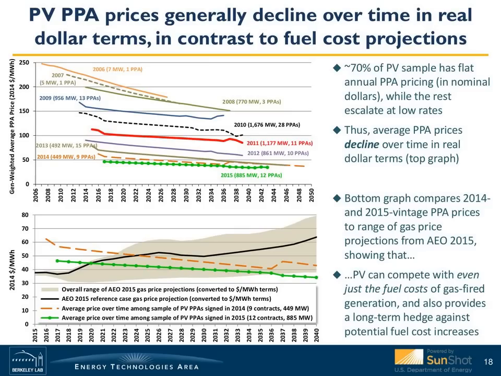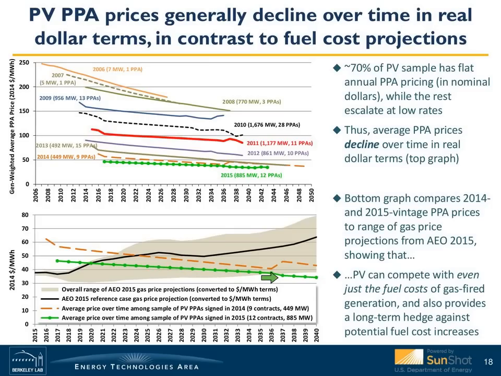And what you see here, particularly if you focus on the green line, which represents the 2015 vintage, is that PV prices start out a little bit higher than the fuel costs of gas-fired generation right now, but as they decline over time, and as the fuel cost projection increases, you eventually get to a point where the PV prices fall below the reference case gas price projection, and the gap widens over time, and then the PV prices fall outside of the range altogether by the mid-2030s.